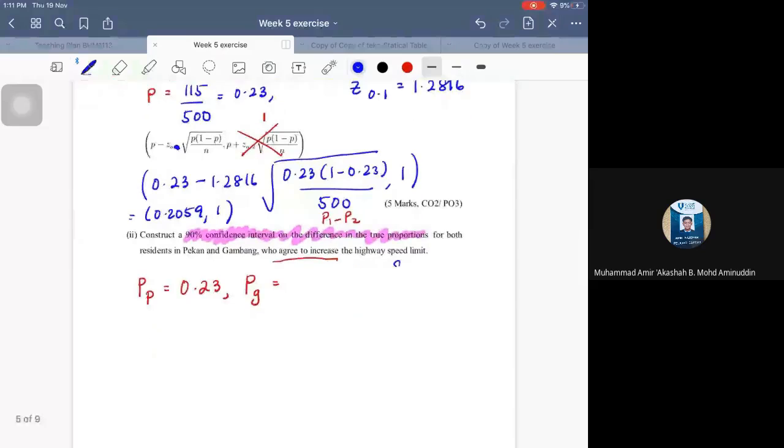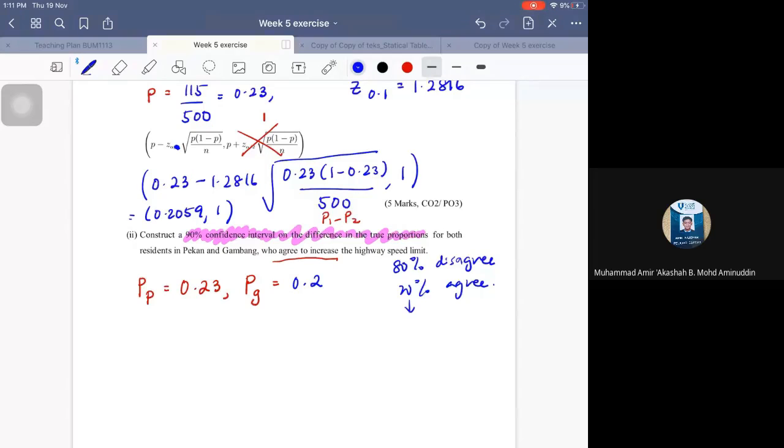So how many people agree? Exactly, 20% must have agreed. The percentage 20% is actually 0.2. So for this one, you don't have to do the calculation, because the question itself already gives the percentage of people who agreed. And when you do calculations for statistics, anything that is in terms of percentage, please change it into decimal form.